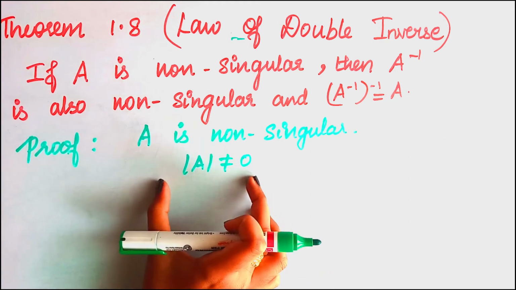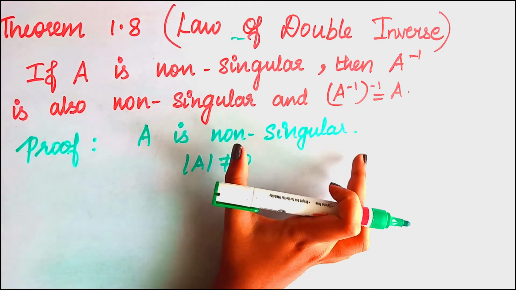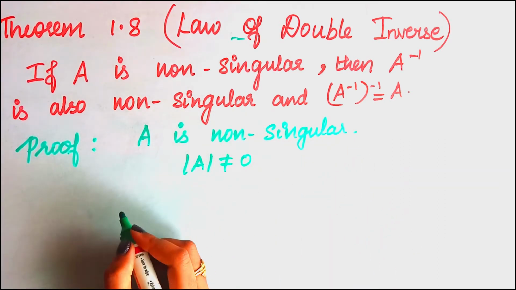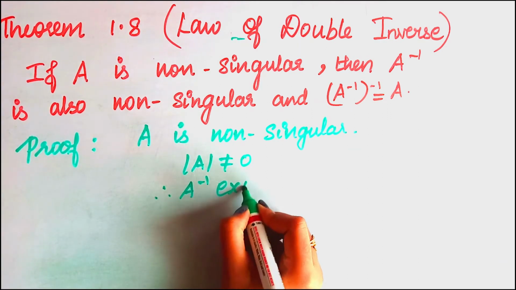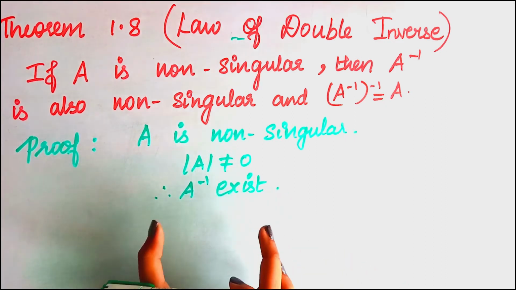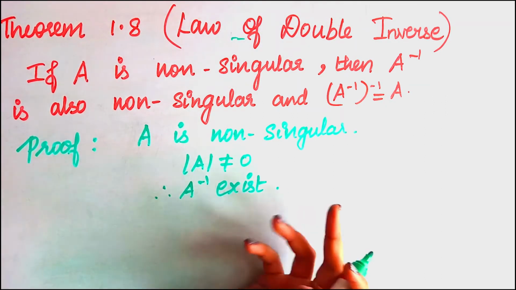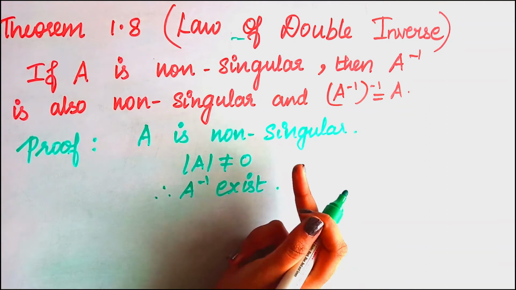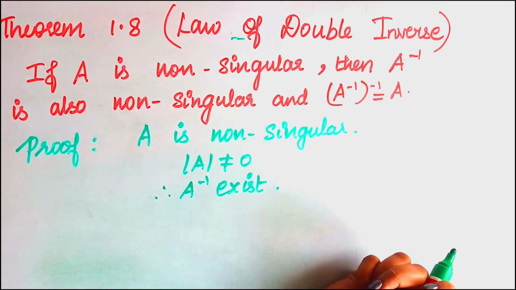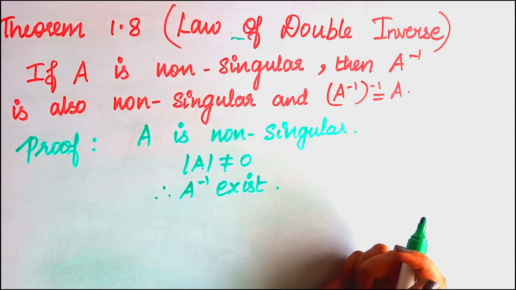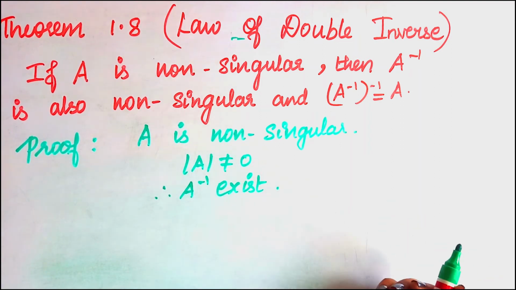So if this is not equal to 0, then you can say that A is non-singular, and therefore A inverse exists. If they say A inverse exists, that means A is non-singular and determinant of A is not equal to 0.